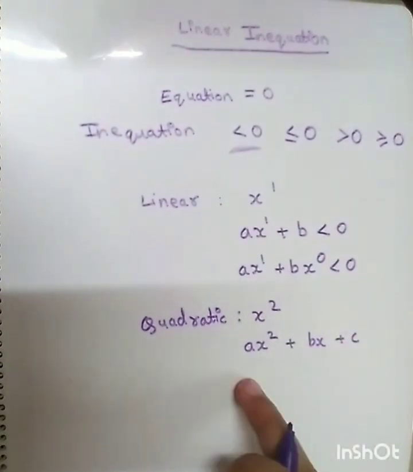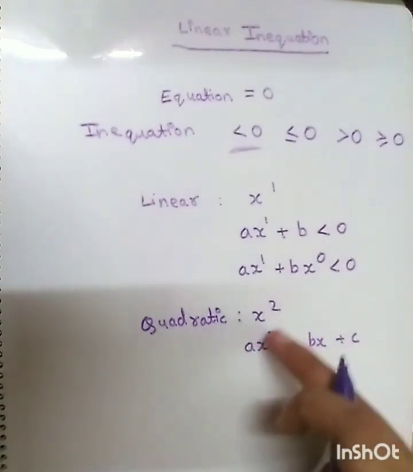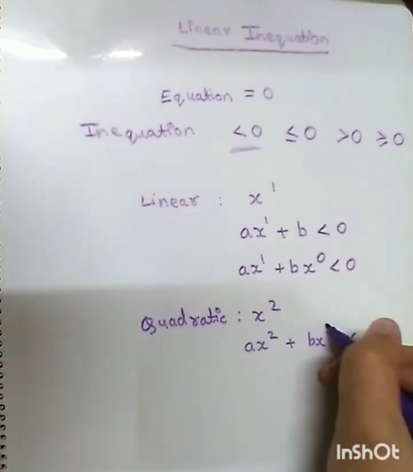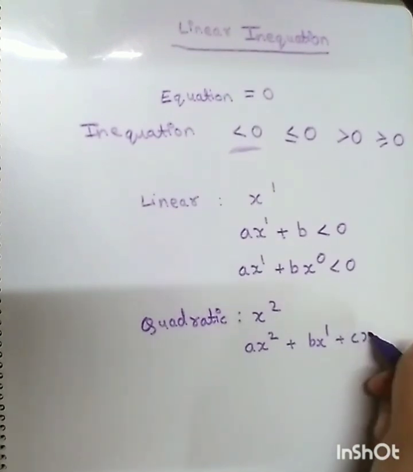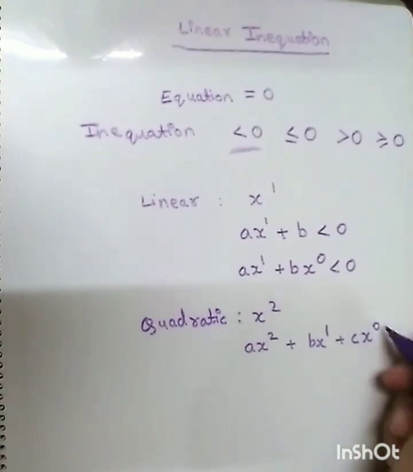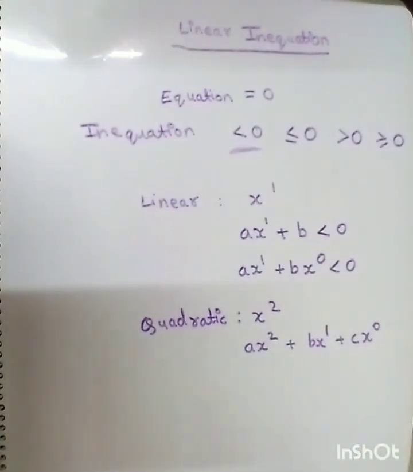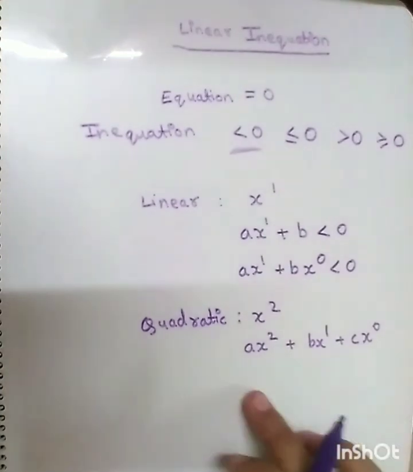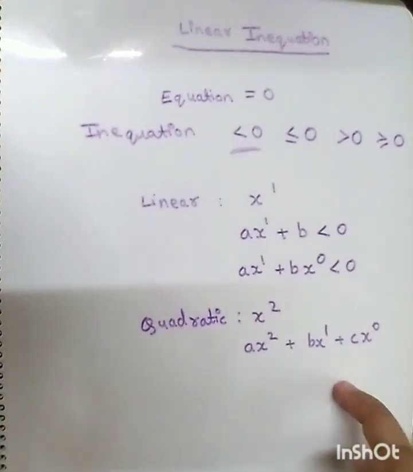Here the power of the bx term is 1, and the c can also be written as c into x to the power 0, because anything to the power 0 is always equal to 1, as we have read. So this is the meaning of quadratic, and this is the meaning of linear. I hope you have understood the difference.